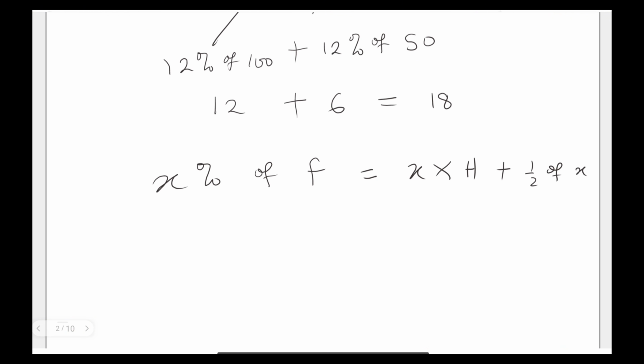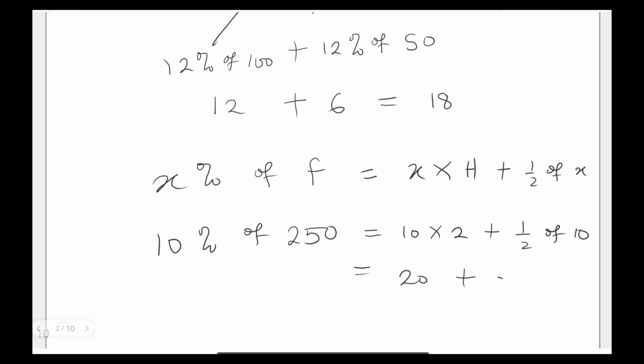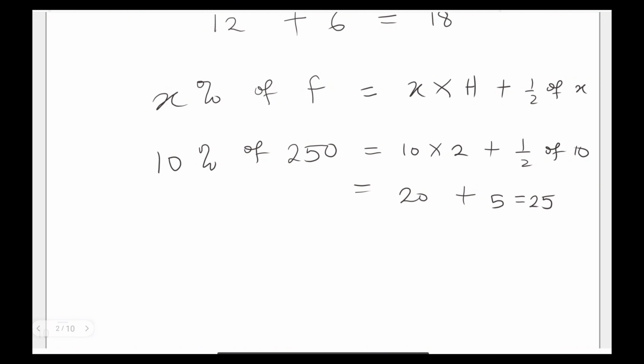So for example, what would be 10% of 250? That would be 10 times 2 plus half of 10, which is equal to 20 plus 5, which is equal to 25. What would be 18% of 350?